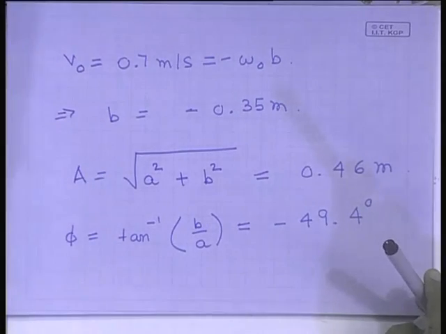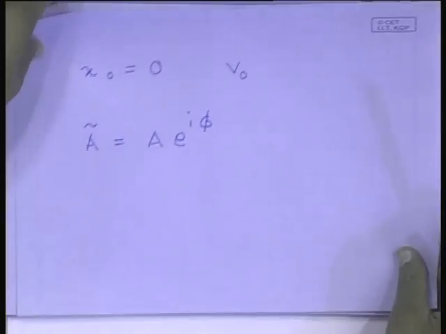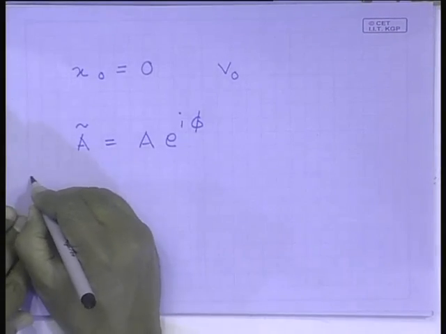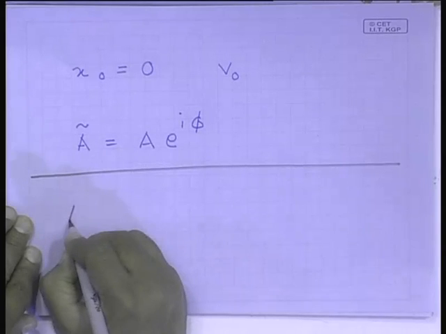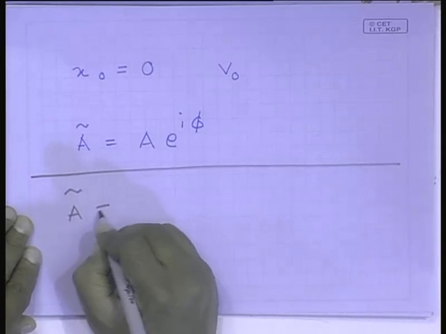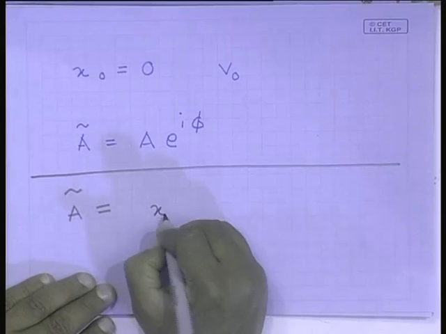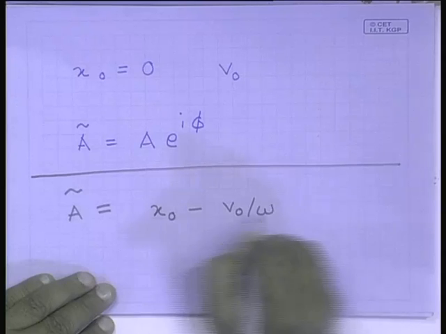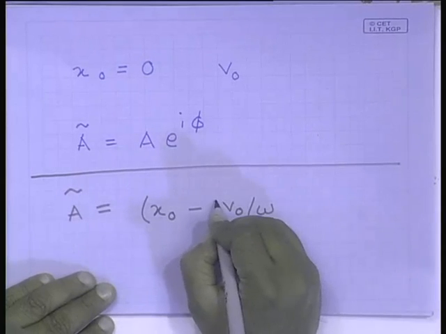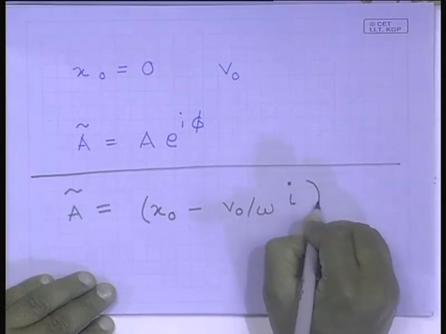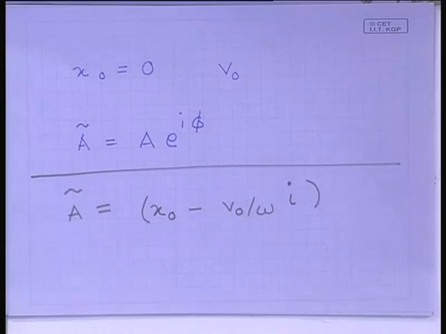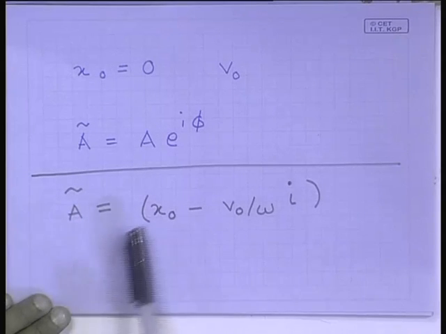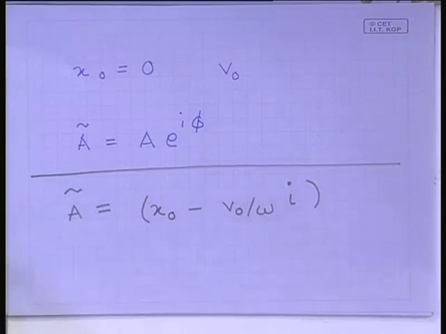the solution for a tilde in the absence of damping, a tilde is determined in terms of the initial position and velocity as shown here, x naught minus v naught by omega naught into i.